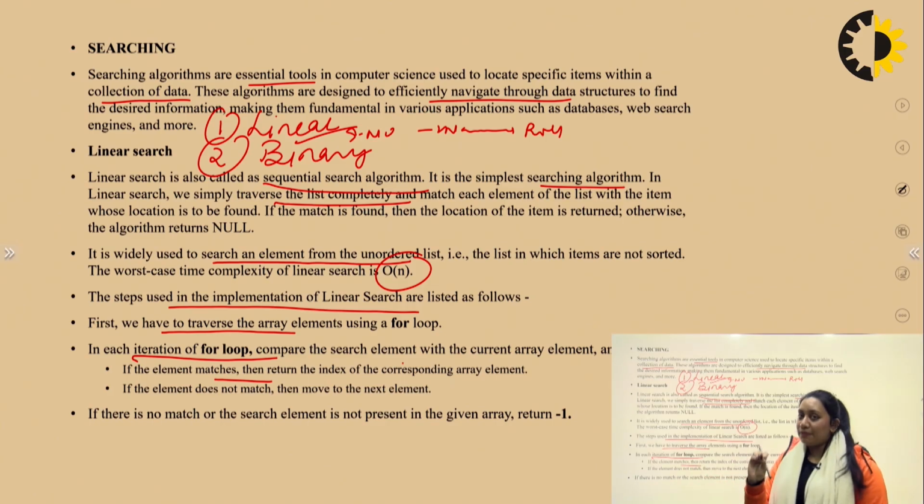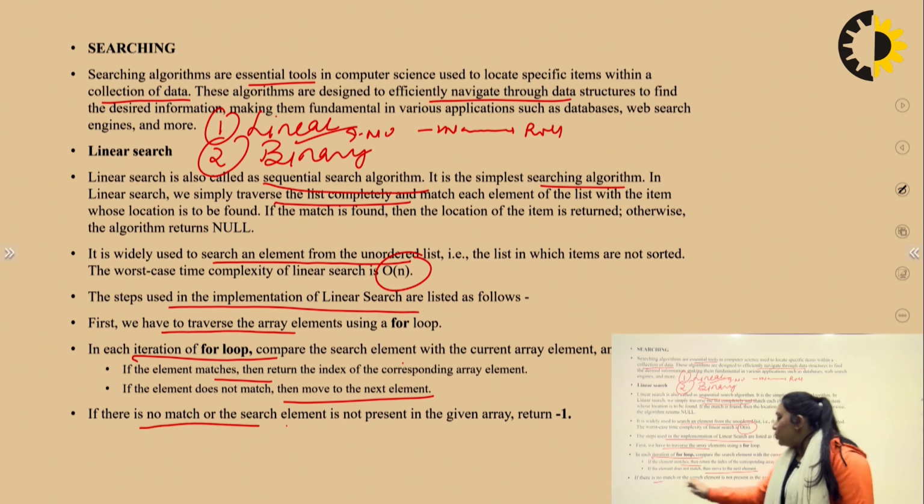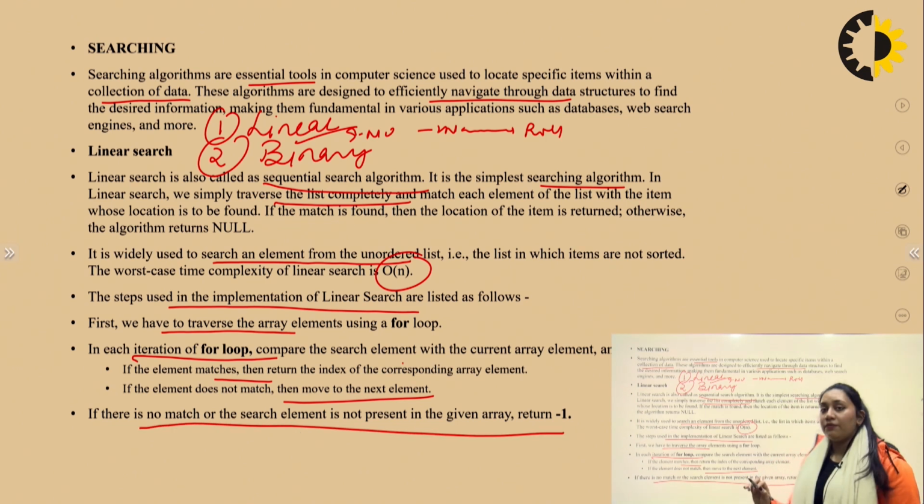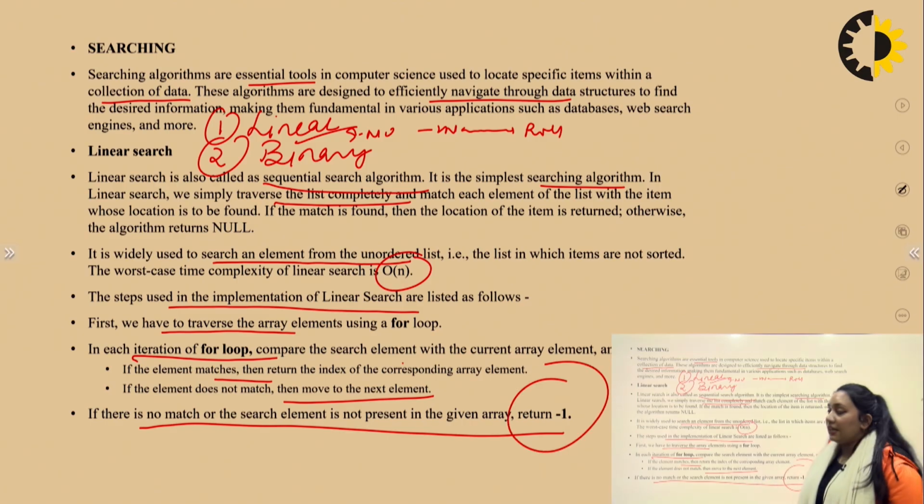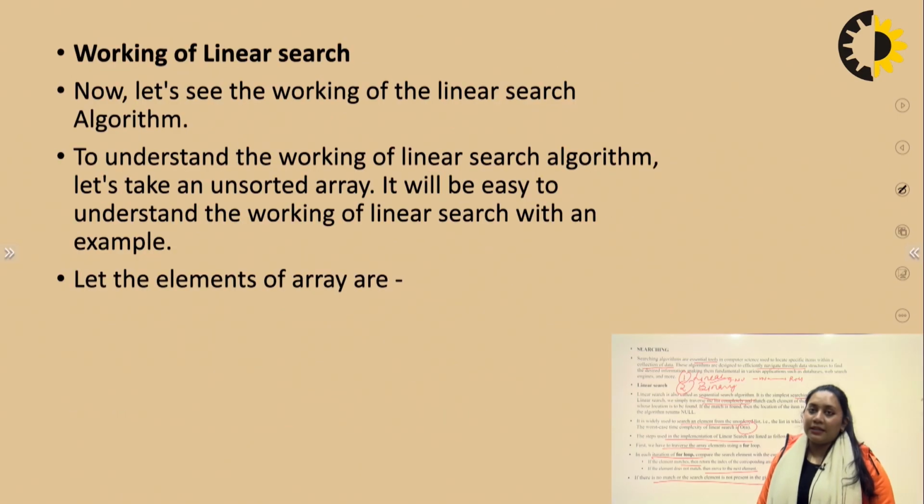If the element matches, then the process is stopped with the help of the base condition, and if it is not found, it goes on until the last element present in the data set. Next, move to the next element, right? Next, if there is no match, then it returns -1.